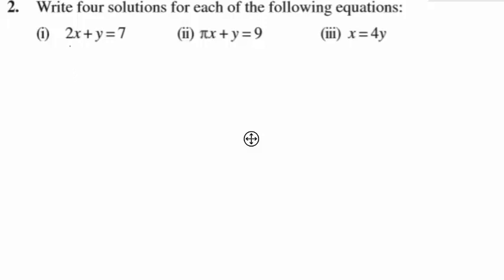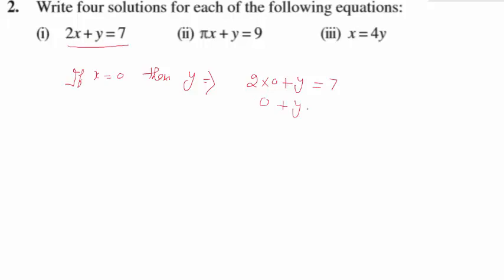For the first question, 2x plus y equals 7, if x equals 0, then 2 into 0 plus y equals 7, and this will become 0 plus y equals 7.